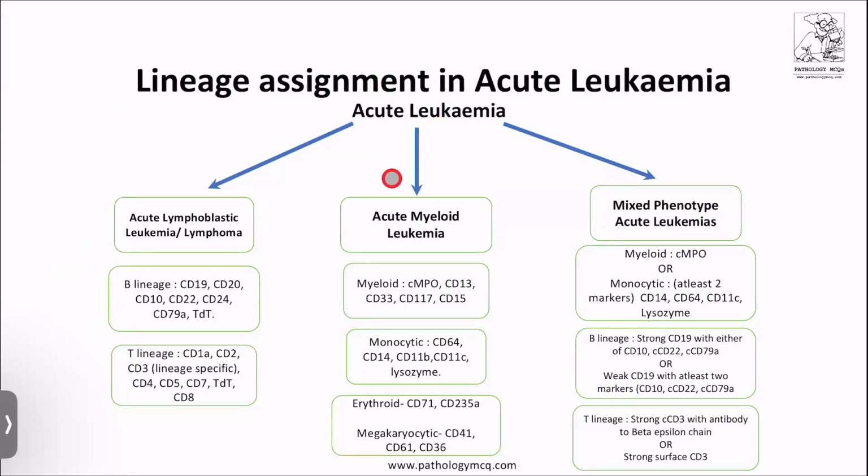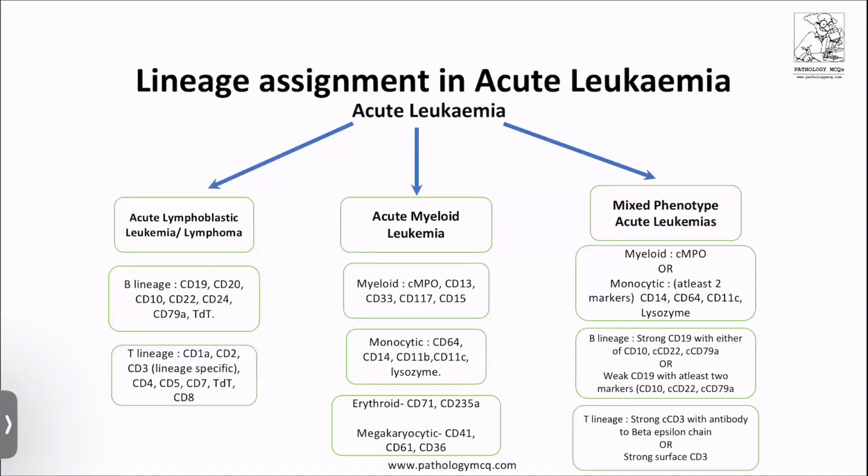And further, when we have to classify the AML, we have to look for myeloid markers, that is the presence of cytoplasmic MPO. We have to look for CD13, CD33, CD117, and CD15. Usually, the AMLs can be classified on the basis of CD34 and CD117.